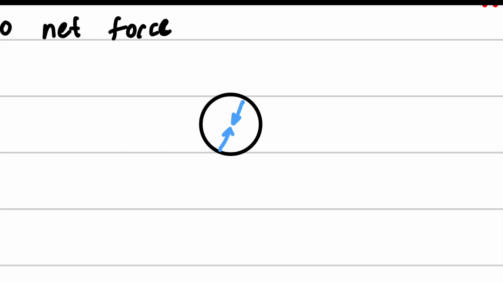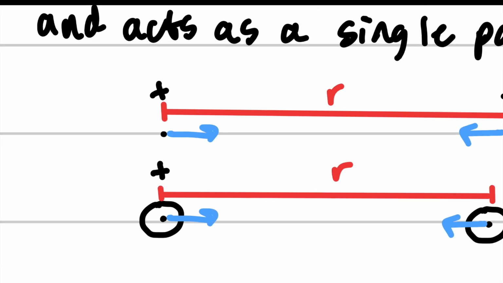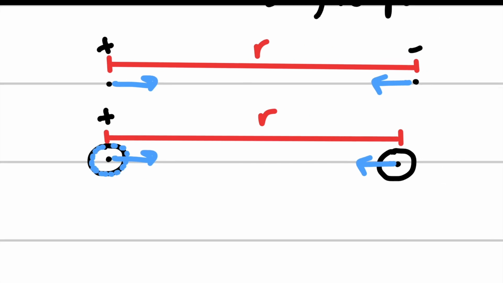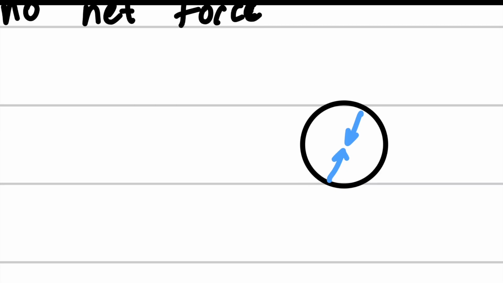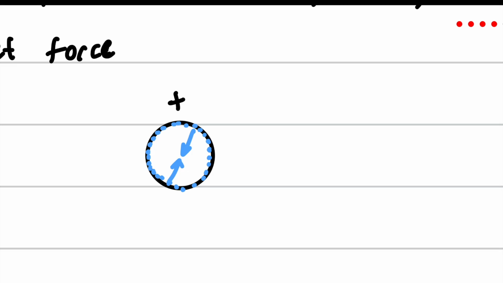If we know that shell theory 1 is true and all the charge is distributed across the surface so that it can act like a particle, then that means that we have an infinite number of particles with a certain charge right here, and this one will be a positive charge. The net of these guys going outwards, right?